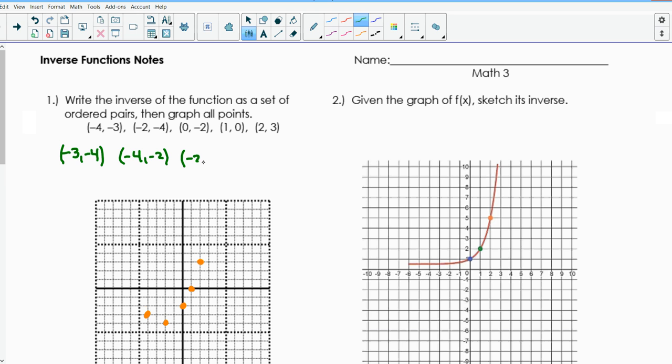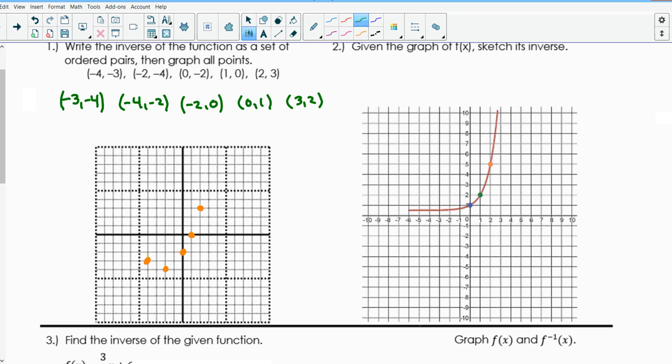So then this becomes -2, 0. This becomes 0, 1. And then this one becomes 3, 2. Okay, so go ahead and graph those. If you have a different color, it'd be nice to point out the different functions. Alright, so -3, -4.